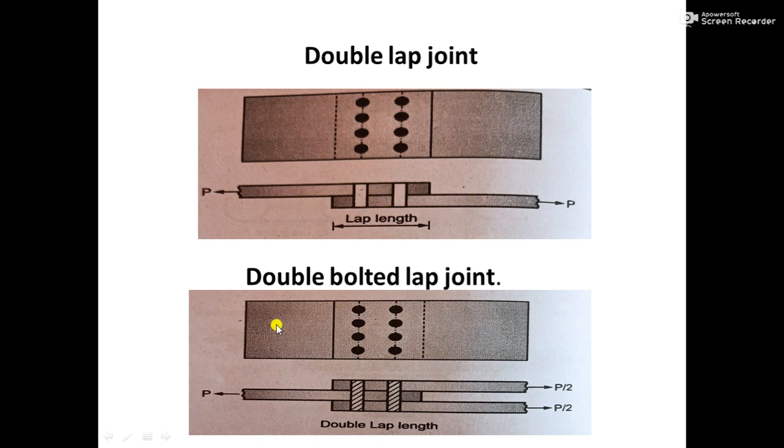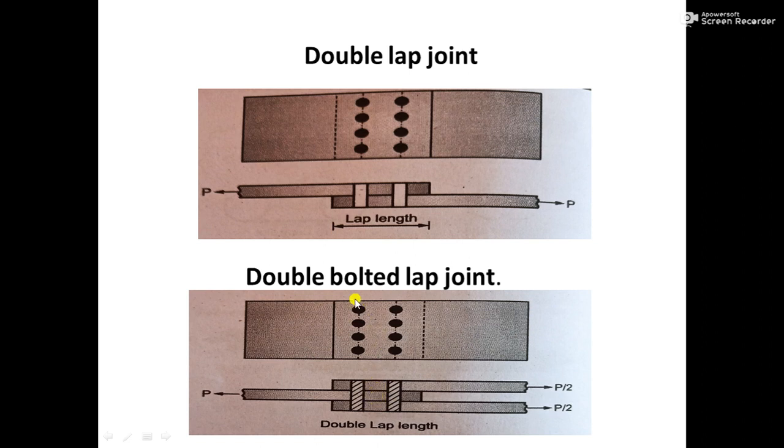The next one is double bolted lap joint. Here is the first plate, then this one is the second plate and this one is the third plate. This plate is placed below, and another plate is placed in between these two plates.